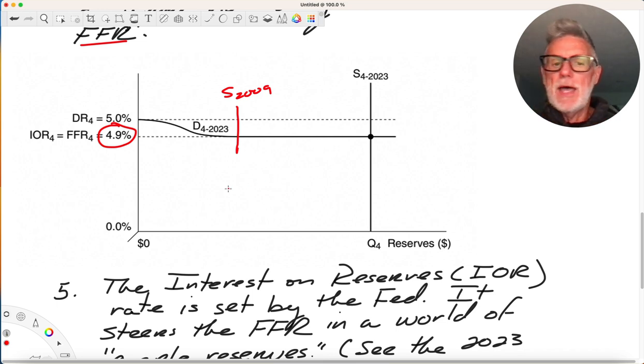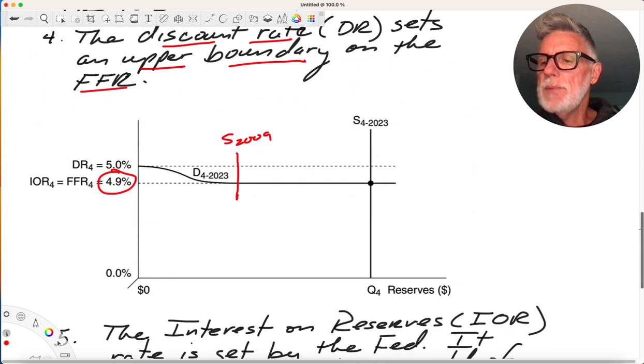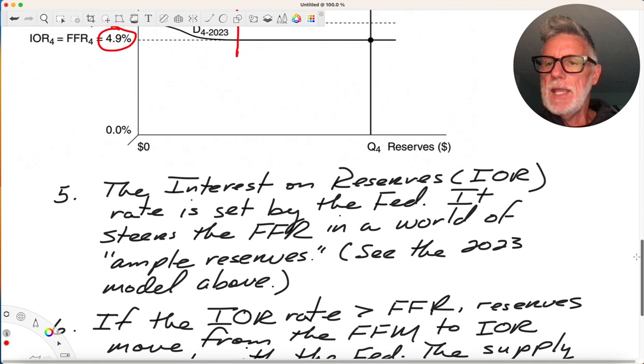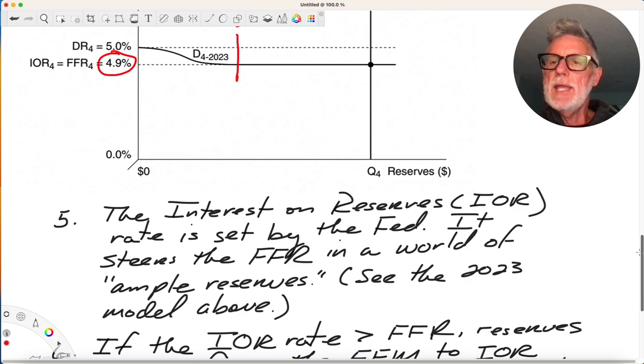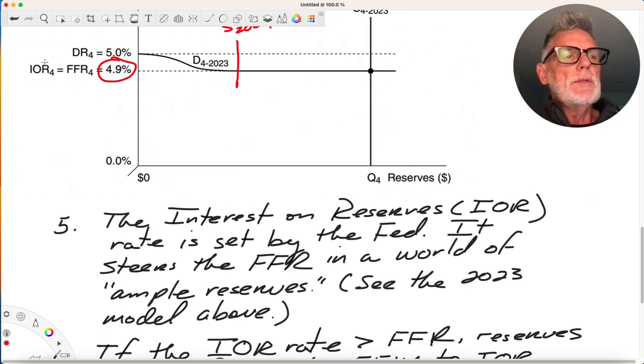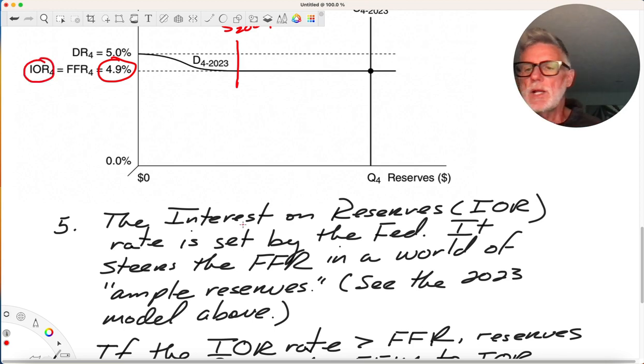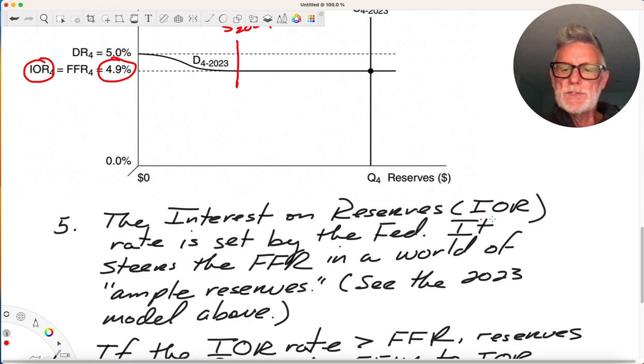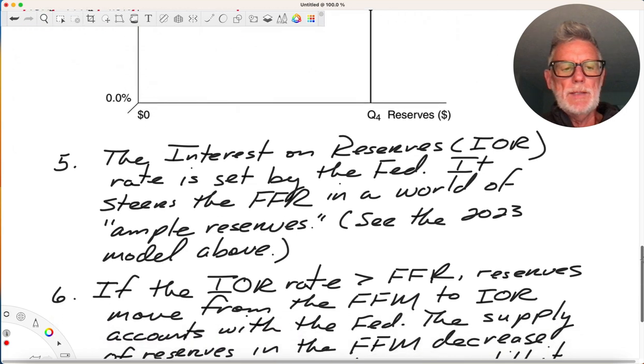So how did the Fed raise the federal funds rate? Well, it has begun to pay interest on reserves. And this is called the interest on reserves rate. And so it says here in number 5, the interest on reserves rate is set by the Fed. It steers the federal funds rate in a world of ample reserves. See the 2023 model above, which is what we're doing.